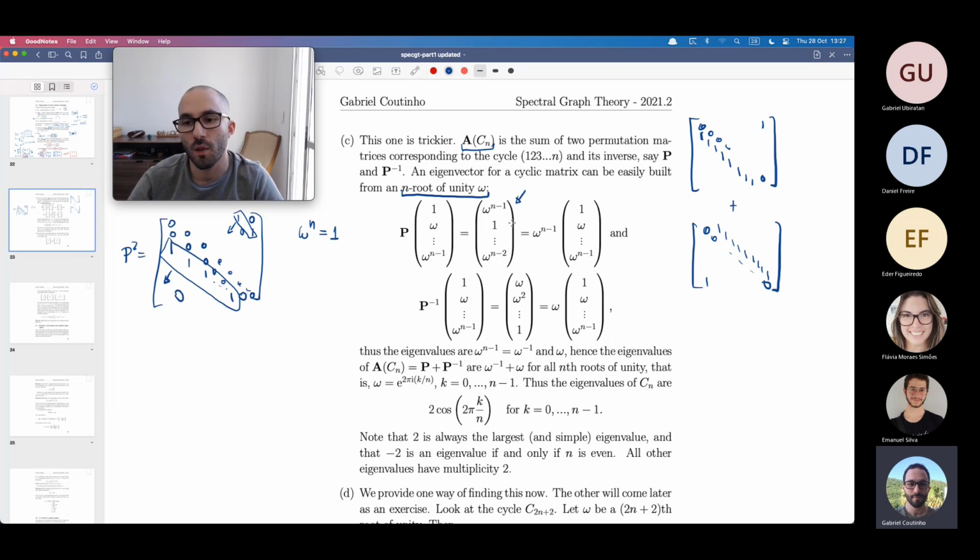But then it's not difficult to realize that from this vector to this vector, you can get there by simply multiplying by this number. And similarly for the transpose, P transpose or P inverse, except that this is the eigenvalue. So what you're getting here is that this is an eigenvector for P plus P transpose.